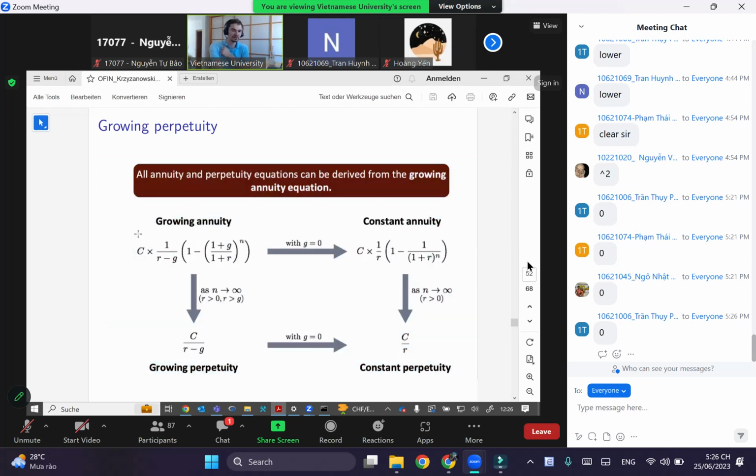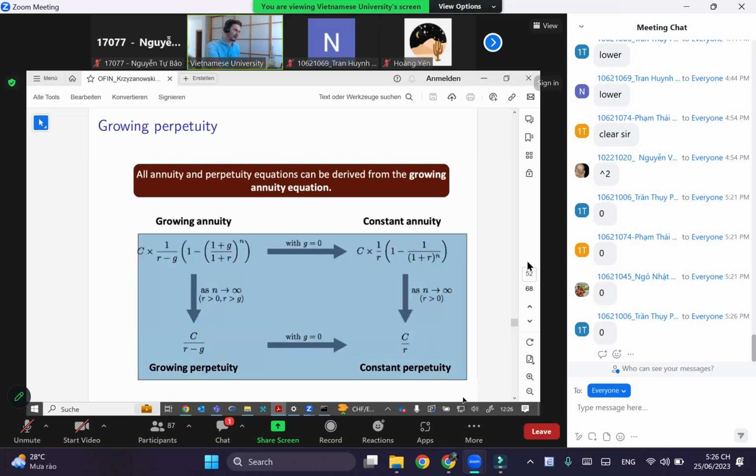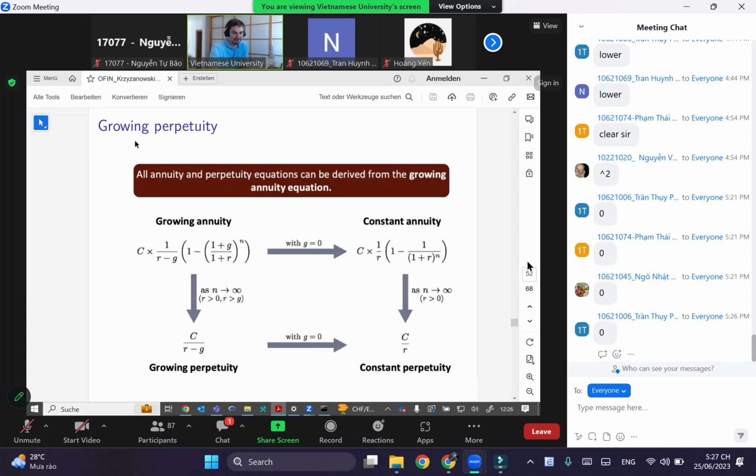But from the growing annuity formula, which has a fixed n and the growth rate included, you can basically derive all the other formulas, right? I think this is an important takeaway for you, also to recap, understand, and be able to apply, right? That being said, I would suggest let's take another few minutes of break.